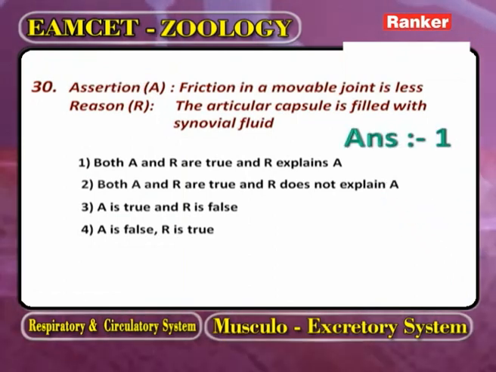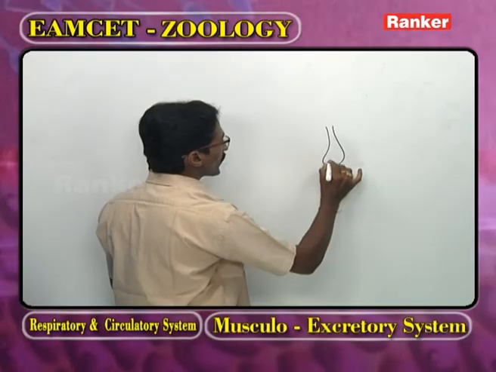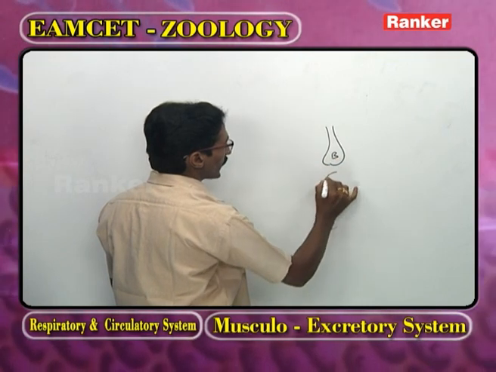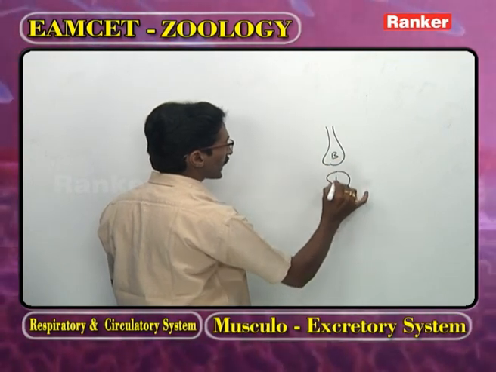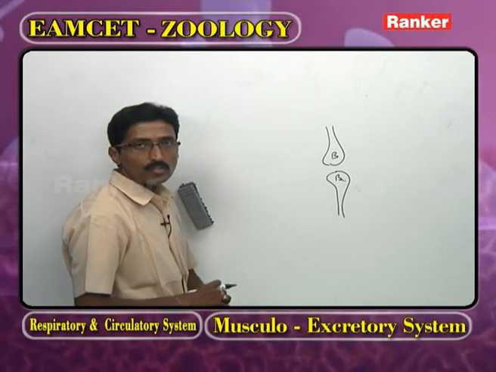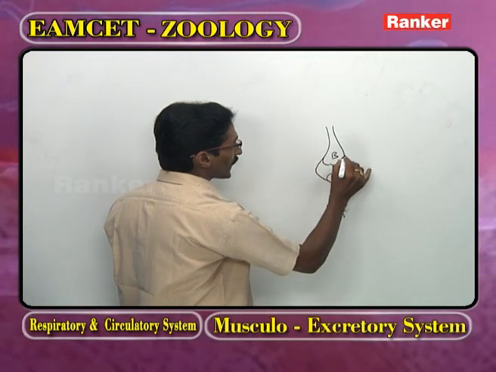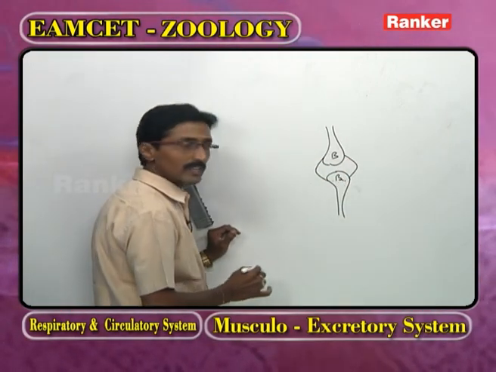Assertion: friction in a movable joint is less. Now as we observe the movable joint, this one we call one bone and this one another bone. In a joint, how many bones are present? Two bones. Now these two bones are connected by elastic ligament.